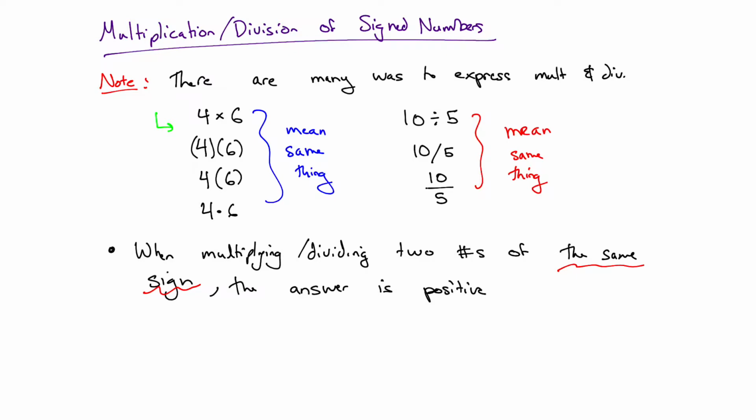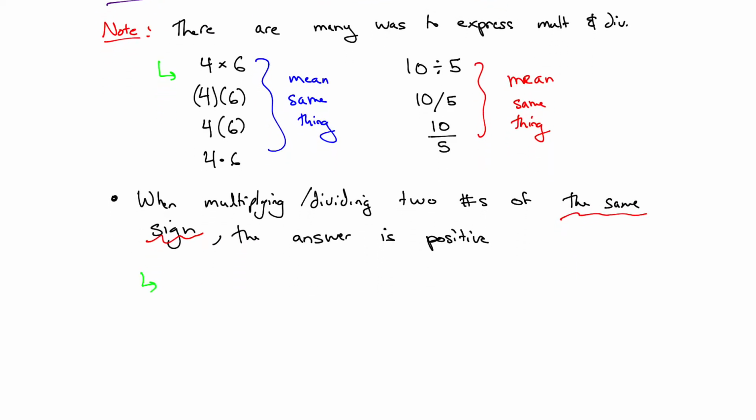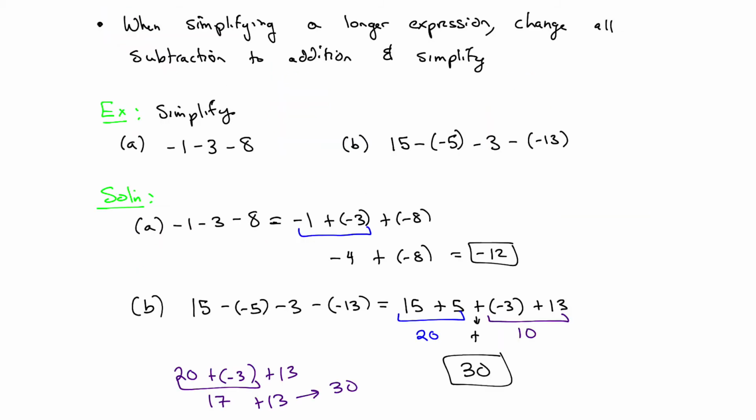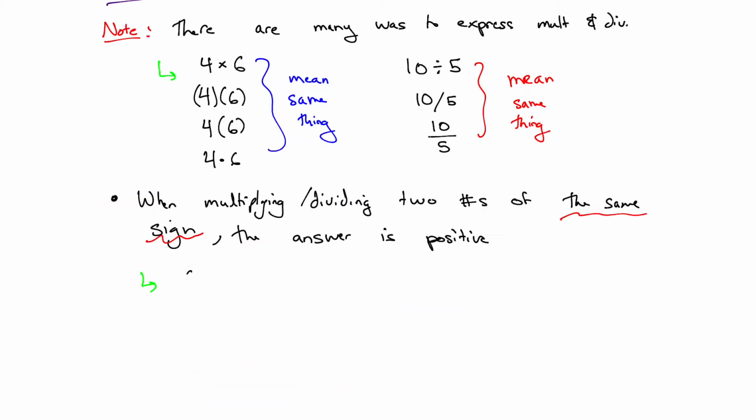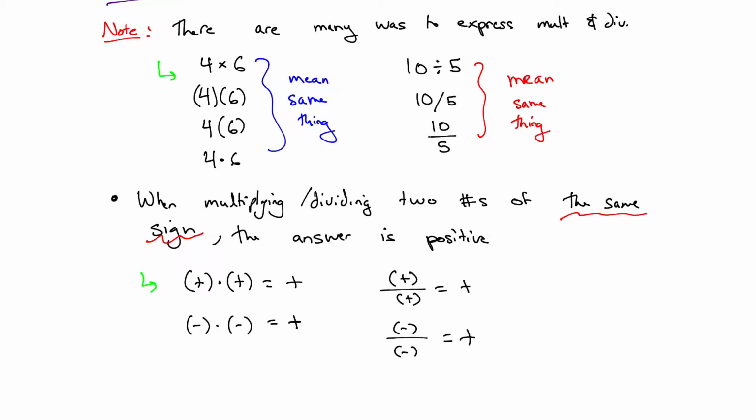So, in shorthand notation, if you have a positive times a positive, that's going to give you a positive result. If you have a negative times a negative, that gives you a positive result. If you do a positive divided by a positive, that'll give you a positive result. And if you do a negative divided by a negative, you'll get a positive result. So multiplying and dividing two things of the same sign will always result in a positive.